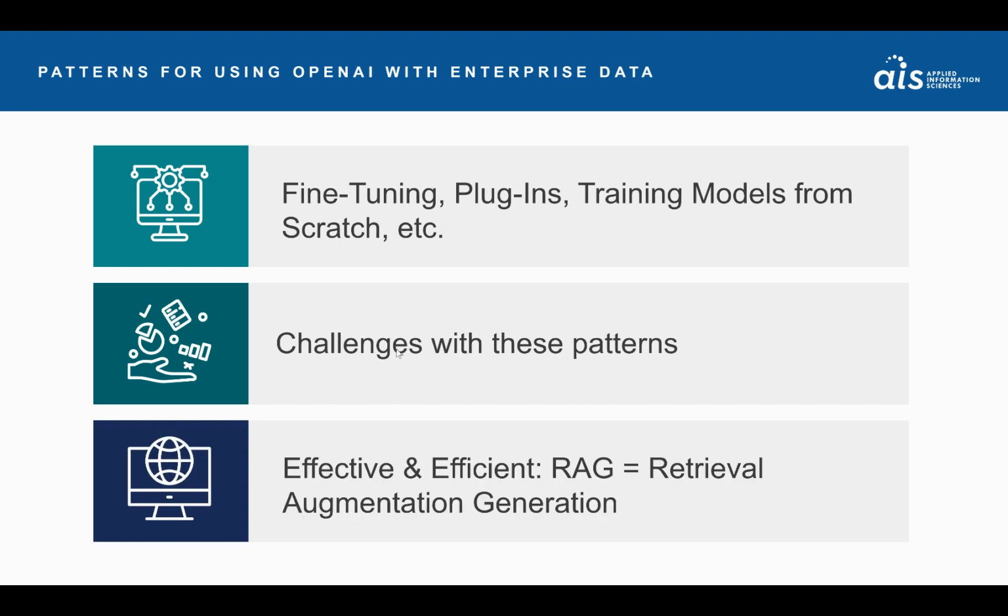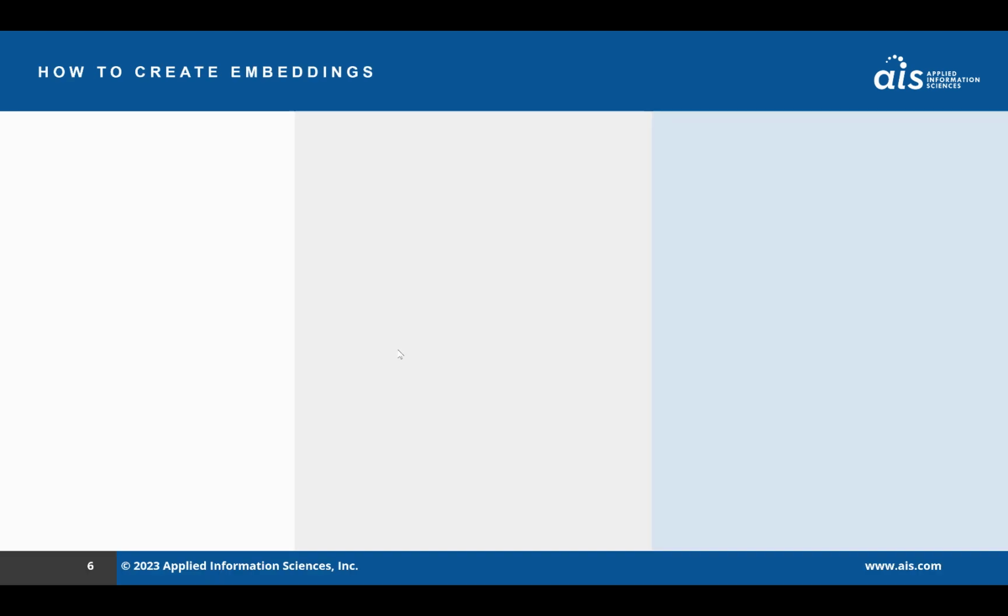One of the most pragmatic, effective, and efficient approaches when developing solutions using OpenAI with enterprise data is a RAG pattern, or retrieval augmentation pattern.